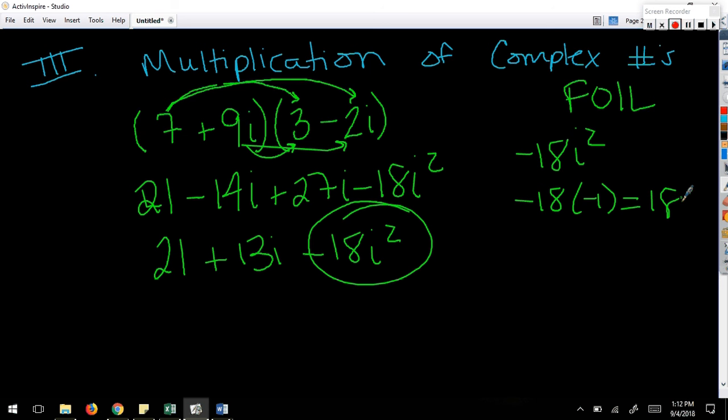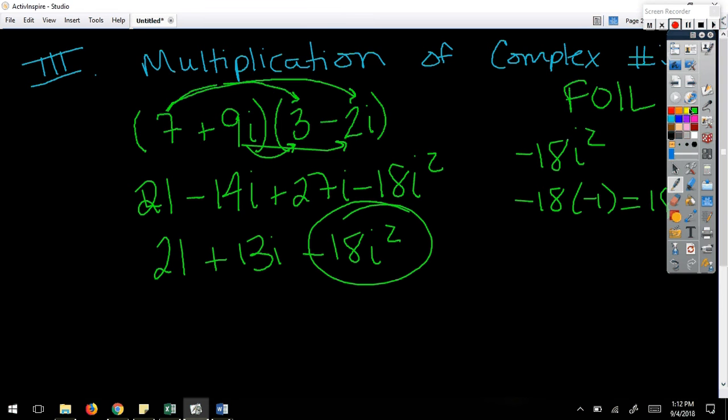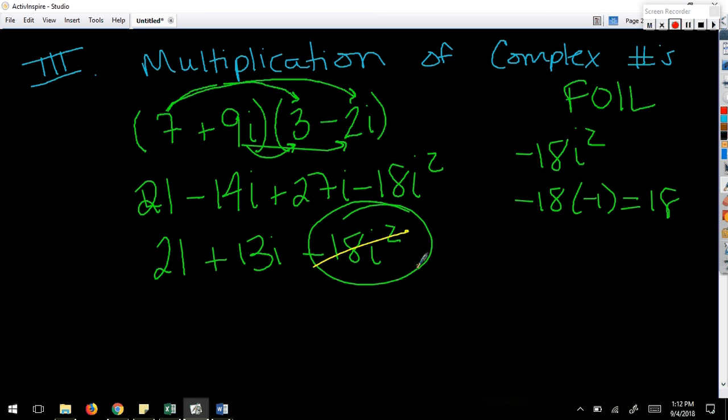The only thing i squared does to a number, and listen carefully, is it changes the sign and drops off. So this is not -18i squared anymore. It is +18. Anywhere I see an i squared, it changes the sign of the number and goes away.